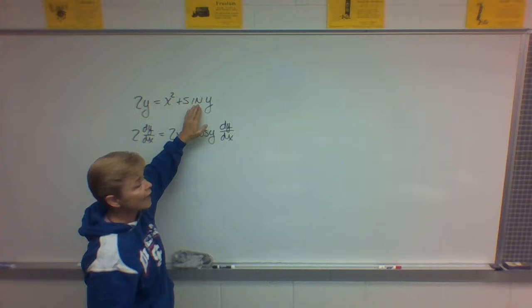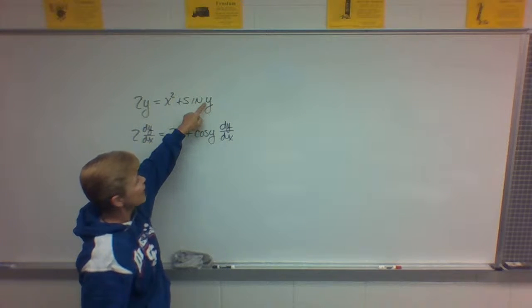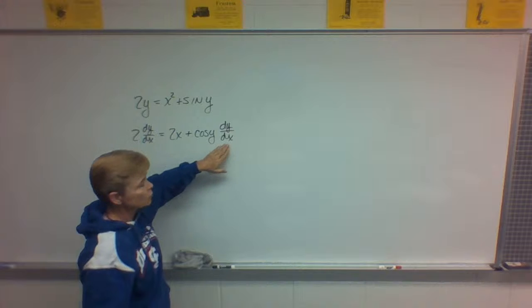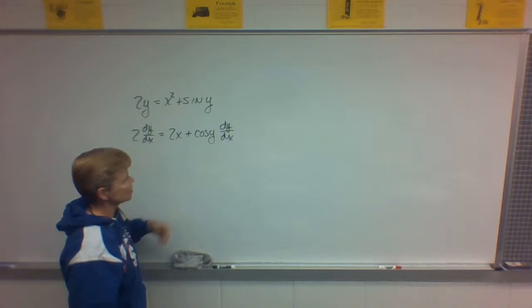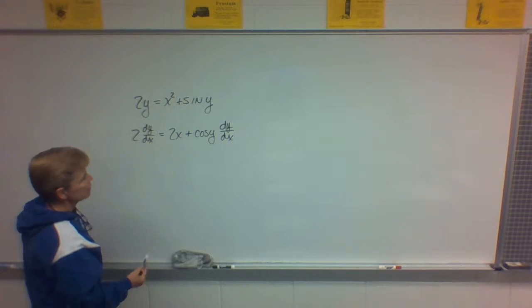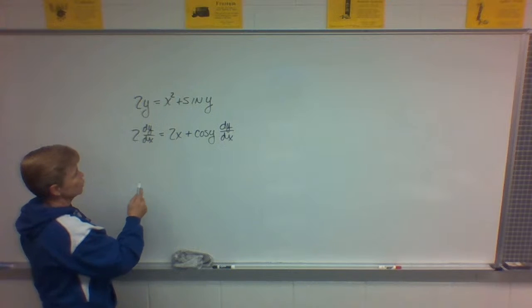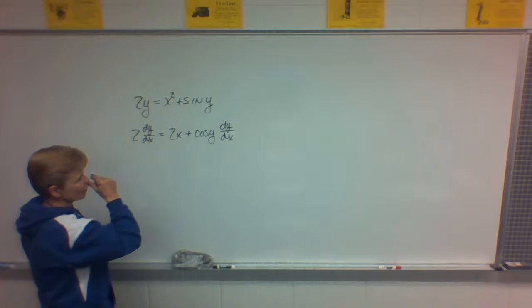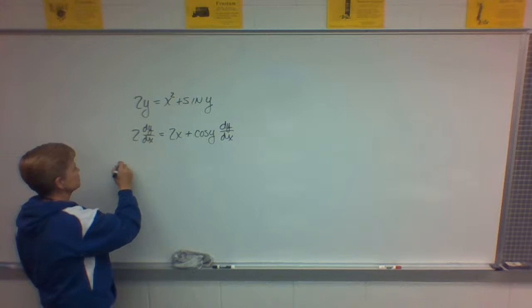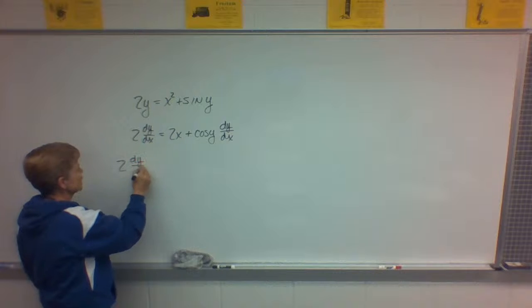So when you're deriving a term written in y, you've got to remember to derive that function y with respect to x. This is what the implicit is all about. It's all hidden. Then, when dy dx shows up in more than one place, you get those things together on one side.